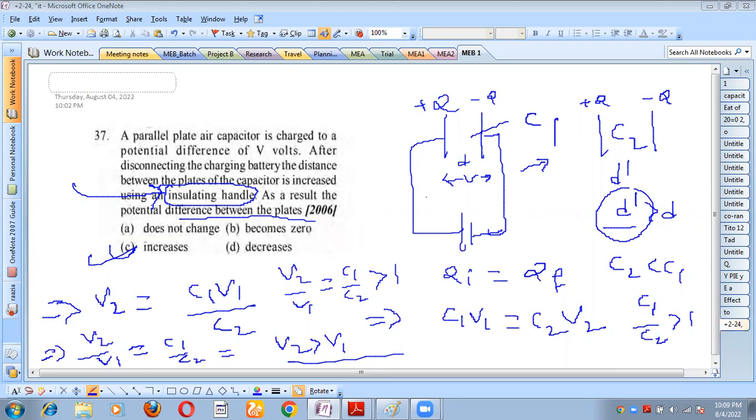From the mathematics point of view, we got Q1 equal to Q2, and capacitance decreases. But from a physics perspective, the battery is disconnected, right? From where does that extra potential come? Getting my point, what I'm trying to say? Yes, sir.